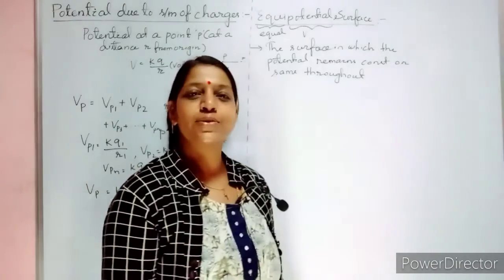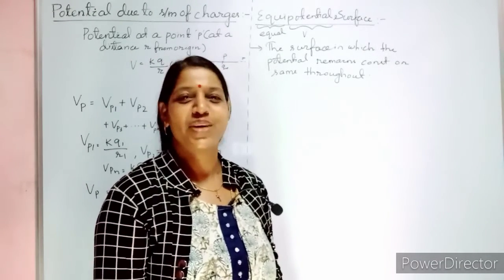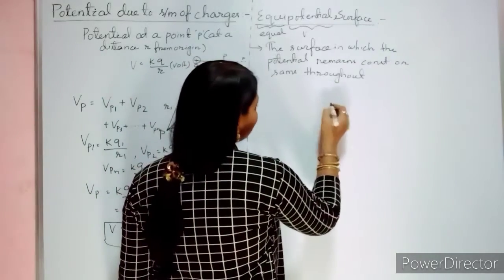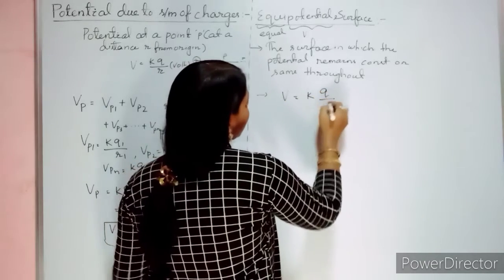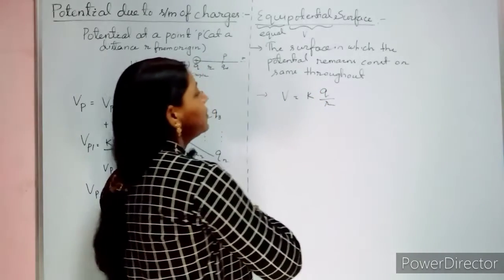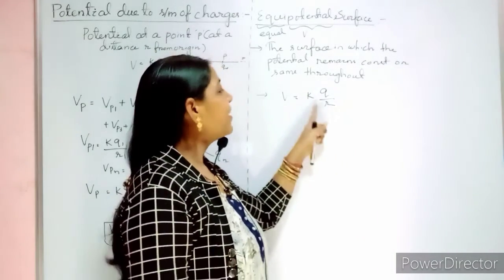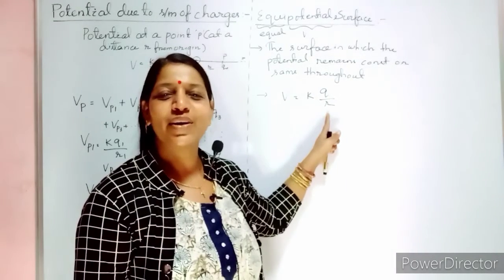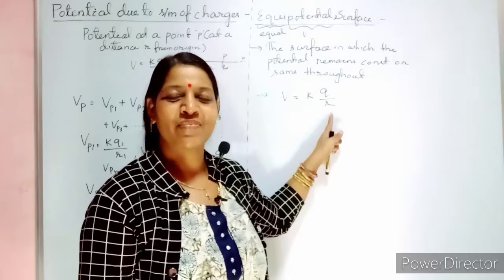It is the surface in which the potential remains constant or same throughout. For example, I hope you know the potential formula is KQ by R. Yes or no? This is the formula for your potential, KQ by R. Now, your potential is dependent on your radius, or you can say the distance.